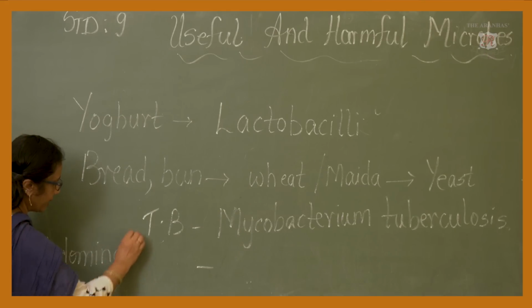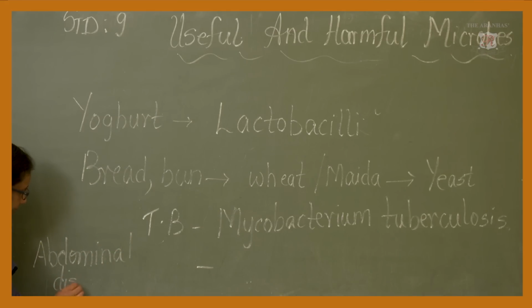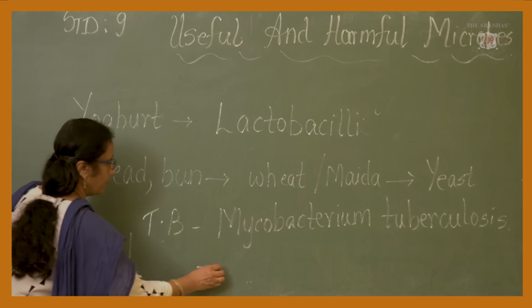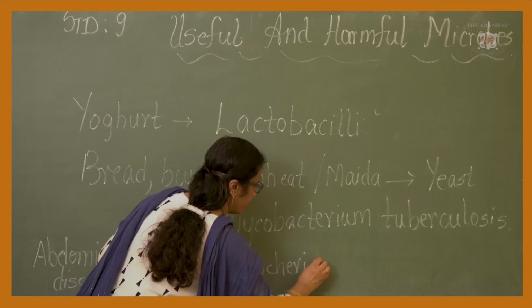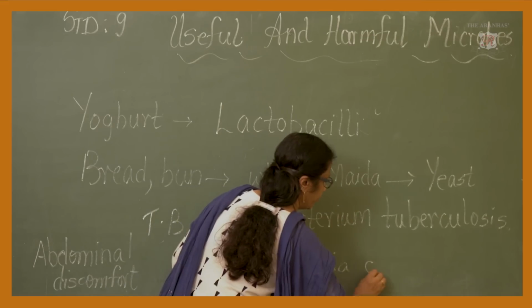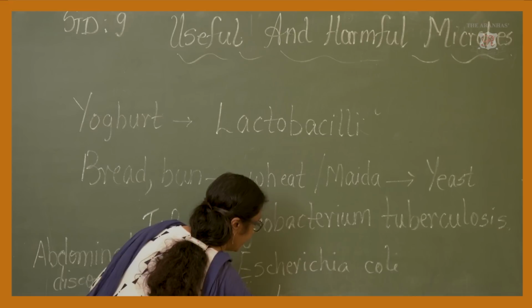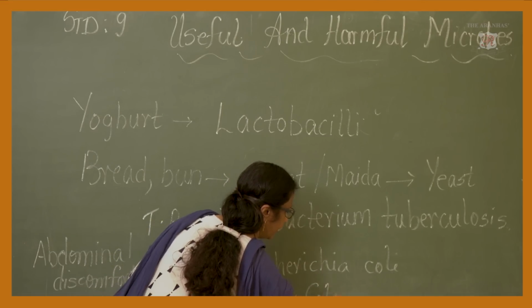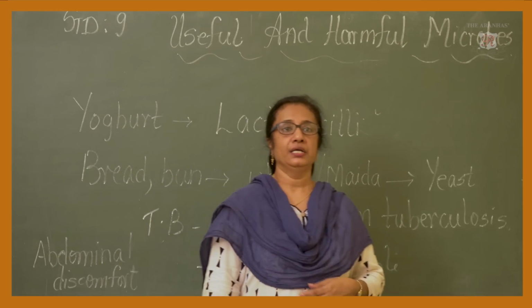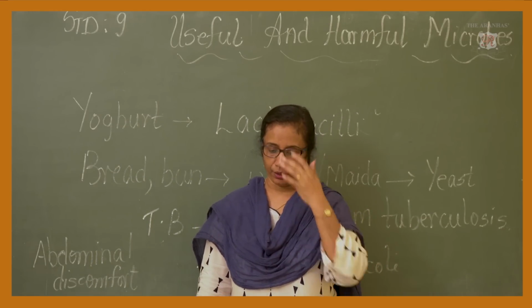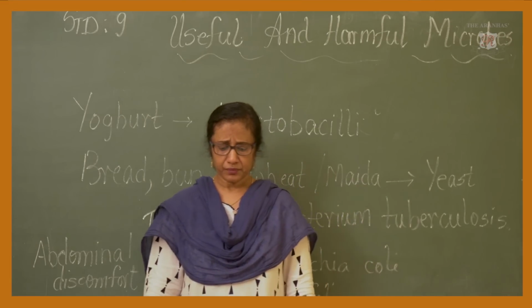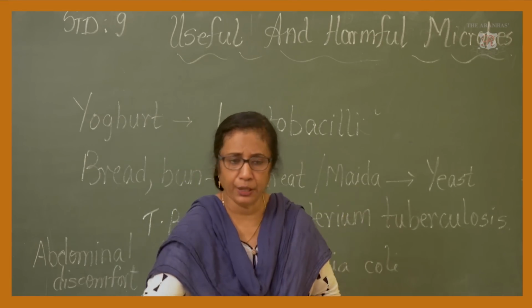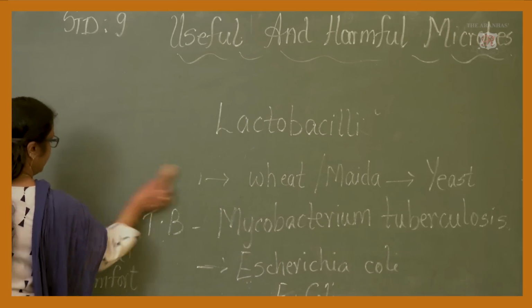Okay, abdominal discomfort you can say. I'm just not specifying the thing there. Abdominal discomfort is caused by Escherichia coli. You can call it E. coli. Alright, it causes harmful effects in your body. I hope this part is also clear to all my students. Next, we'll learn something about lactobacilli.